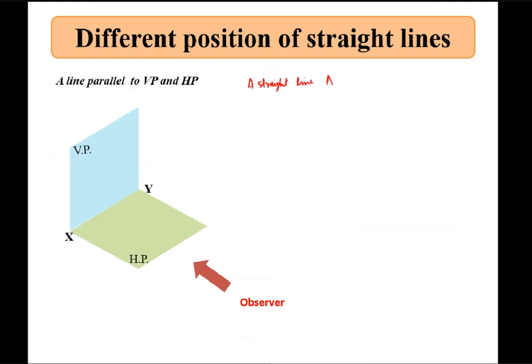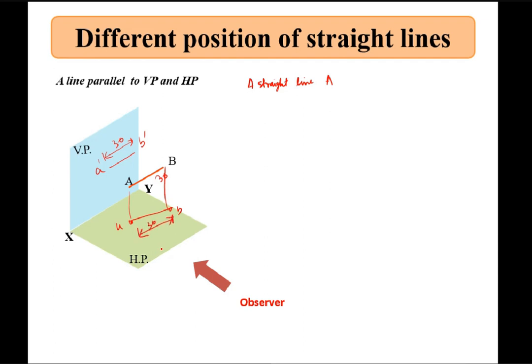Now if a straight line is parallel to both HP and VP, then I'll get true length on both HP and VP. If this is AB, say 30 mm in length, and I draw the projection, then the distance between A dash B dash will also be 30. And if I draw the projection on the top view, with point A and point B, this will also be 30 mm.